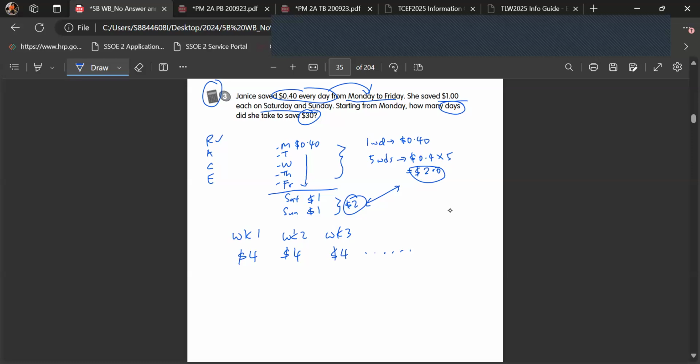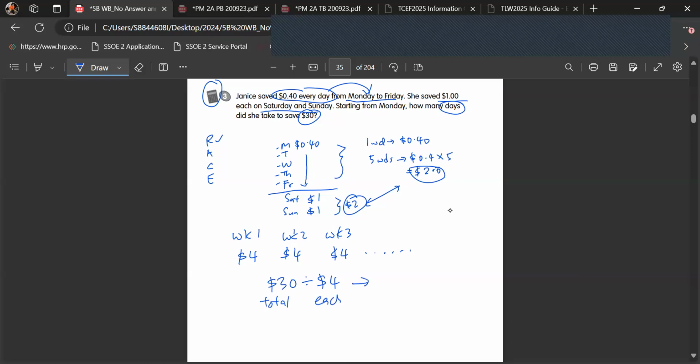Another way is I could guess by a table, like how Skylar drew a table. But let me just go with this method first. So altogether I take 30 divided by 4. $4 a week. This total divided by each week.